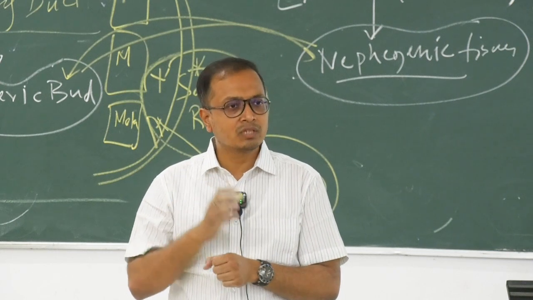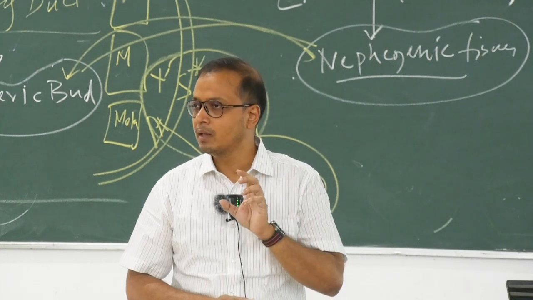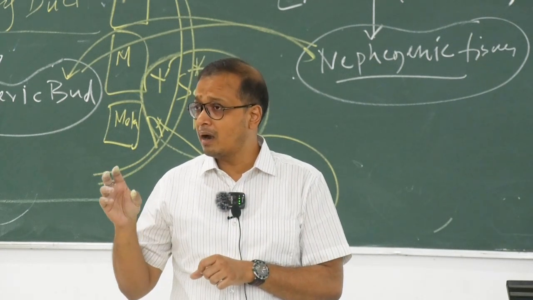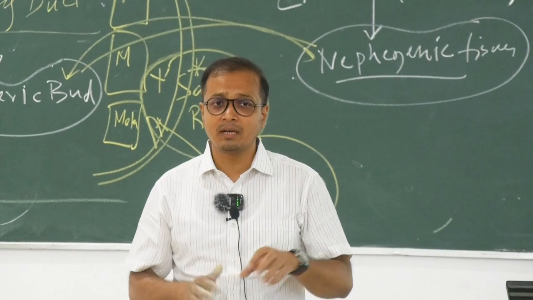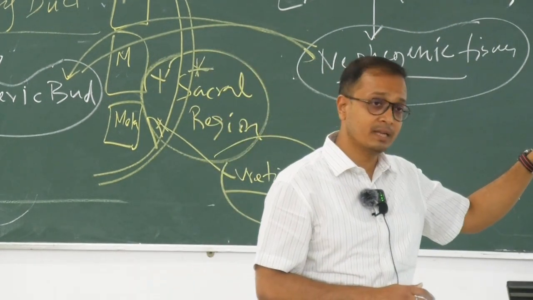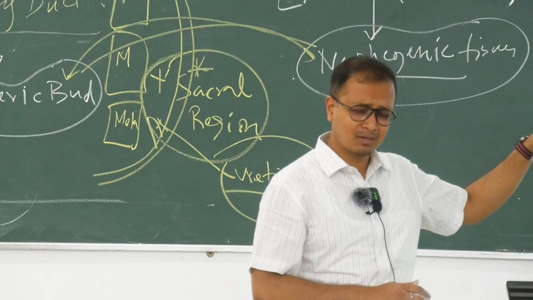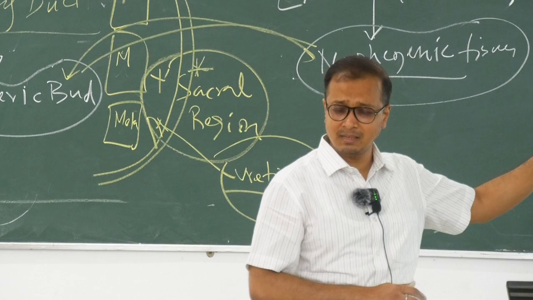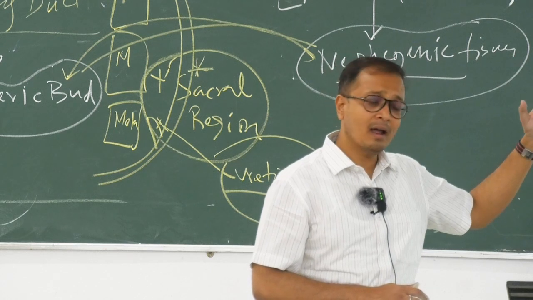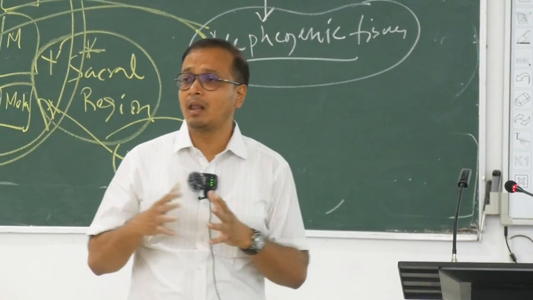The adult kidney develops in the region we call the pelvic region or sacral region. This kidney in the adult, which develops in the sacral region, is sourced from two regions. One is coming from the nephrogenic cord, which transforms into the excretory system, and the other develops from the ureteric bud, which forms the collecting system.